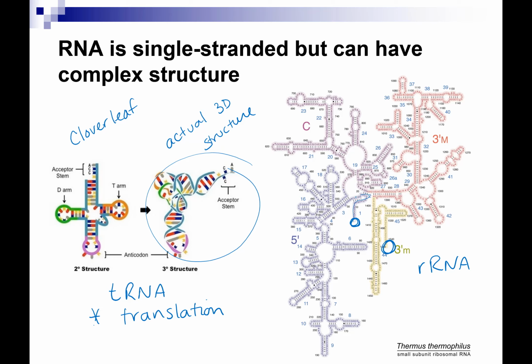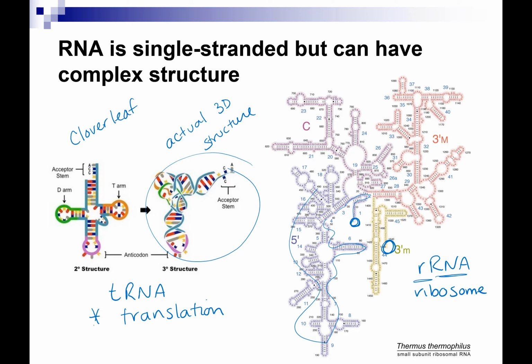So it's this beautiful molecule that folds and folds and folds and folds and folds. Gives ribosomes, remember our protein-making machinery, structure and function. In fact, the ribosomal RNA is the enzyme that catalyzes peptide bonds in protein formation.